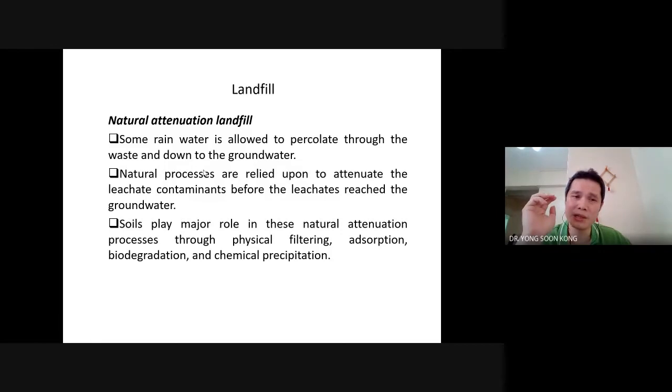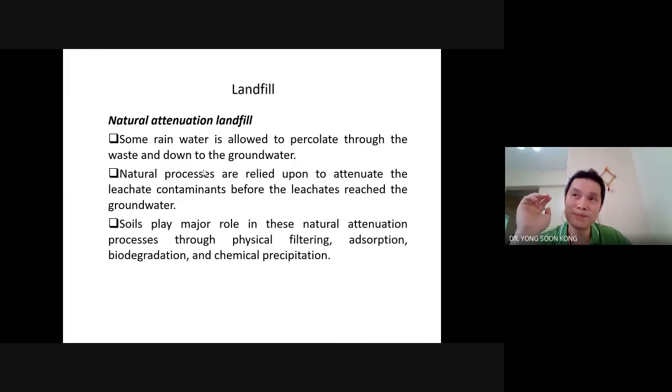Some natural attenuation landfills may have this kind of layer to stop it from overflowing. But according to this NOSLA, they actually don't have it. In fact, they rely on the soil to naturally absorb this leachate, and again, rely on the bacteria, the microbes already in the soil, to remediate the contaminants.